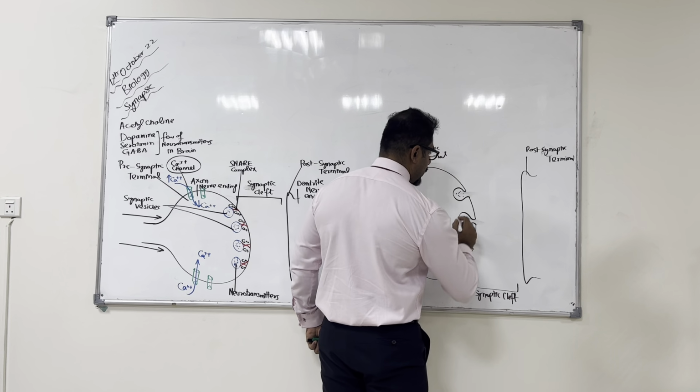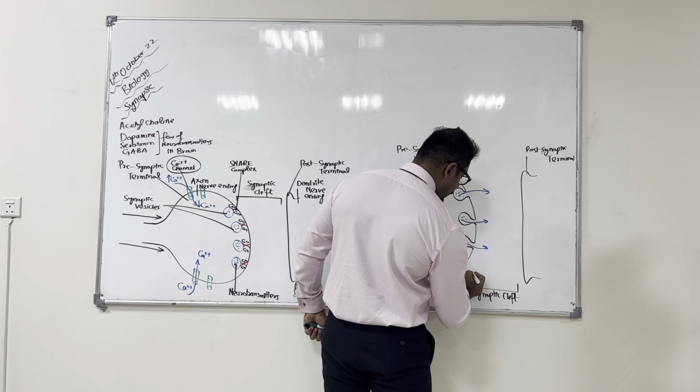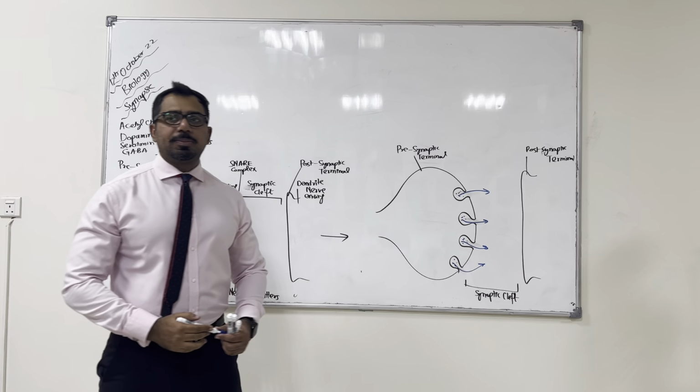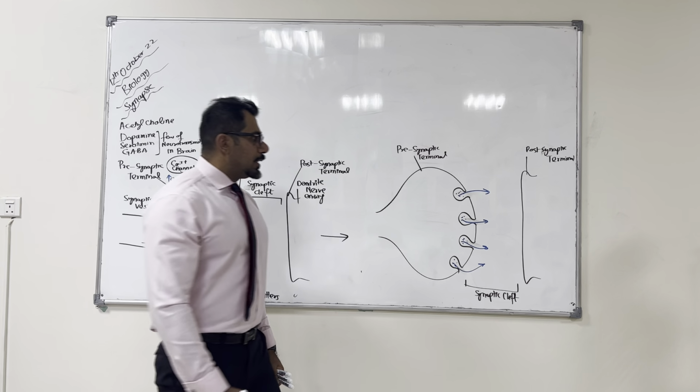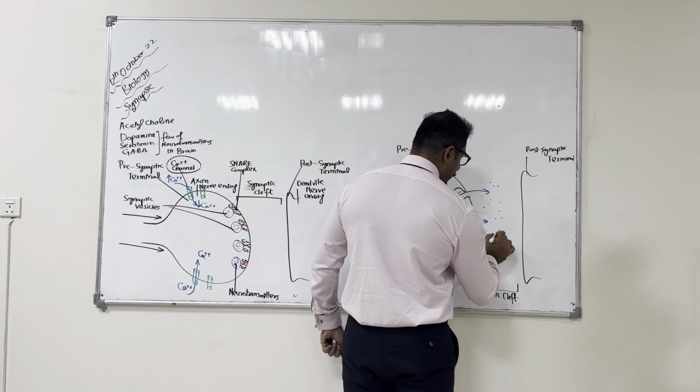Now because of exocytosis, what will happen? These neurotransmitters will be released into the synaptic cleft. Now, these neurotransmitters have come here into the synaptic cleft.